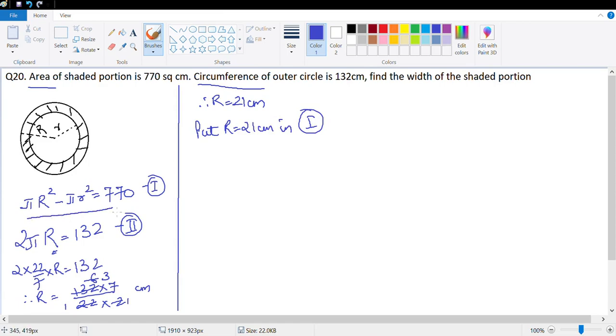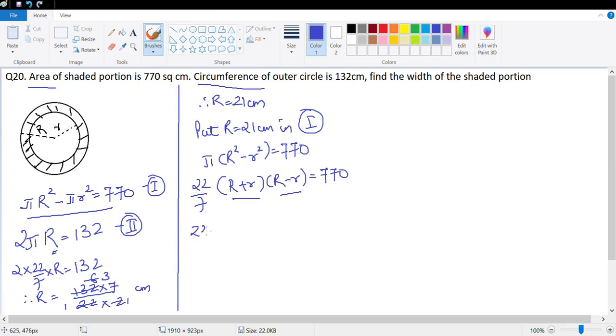So equation 1 is pi times R square minus r square is equal to 770, which means 22 upon 7 multiplied with R square minus r square, which would be R plus r multiplied with R minus r, is equal to 770. I don't think it will help me much.